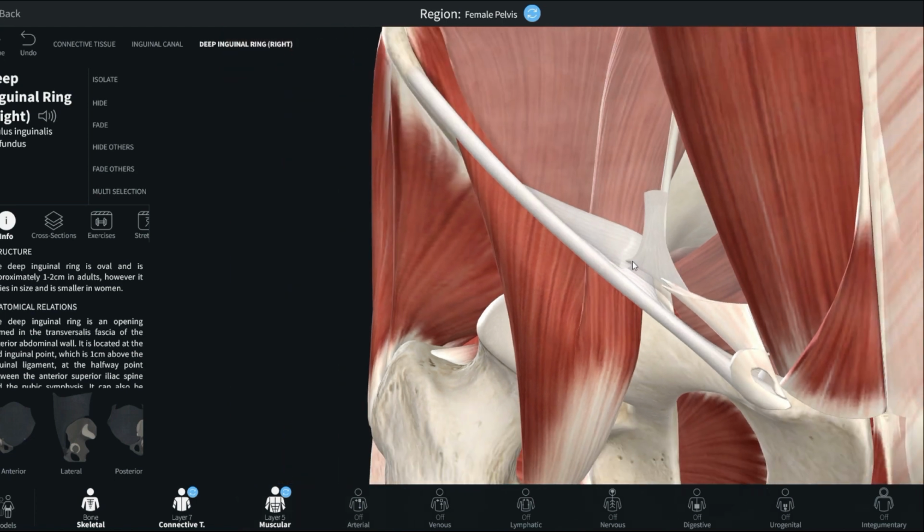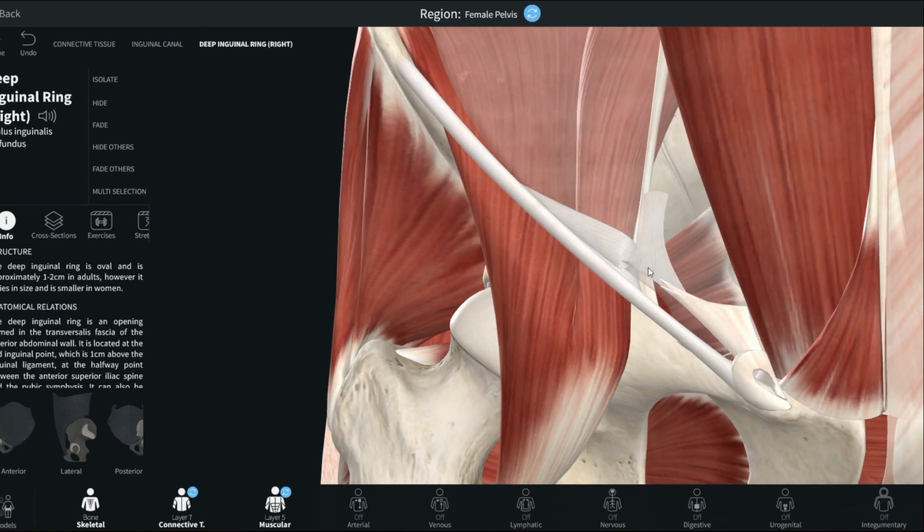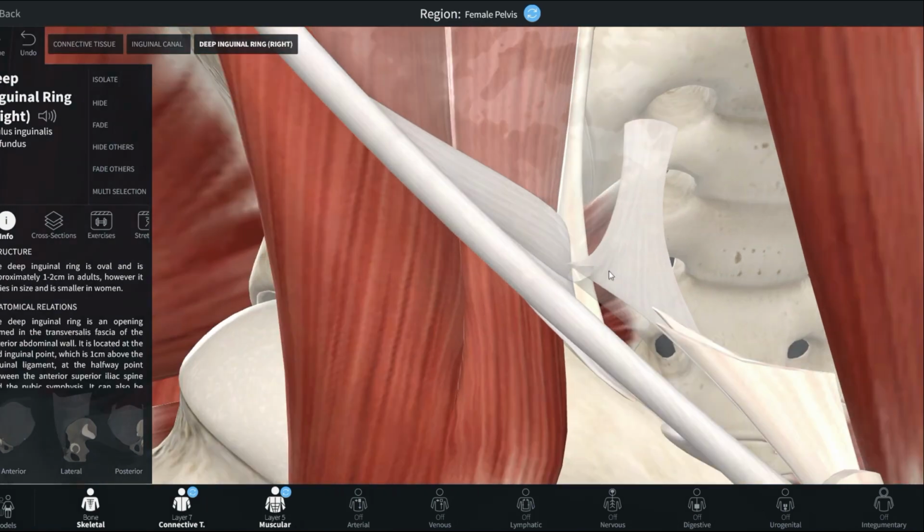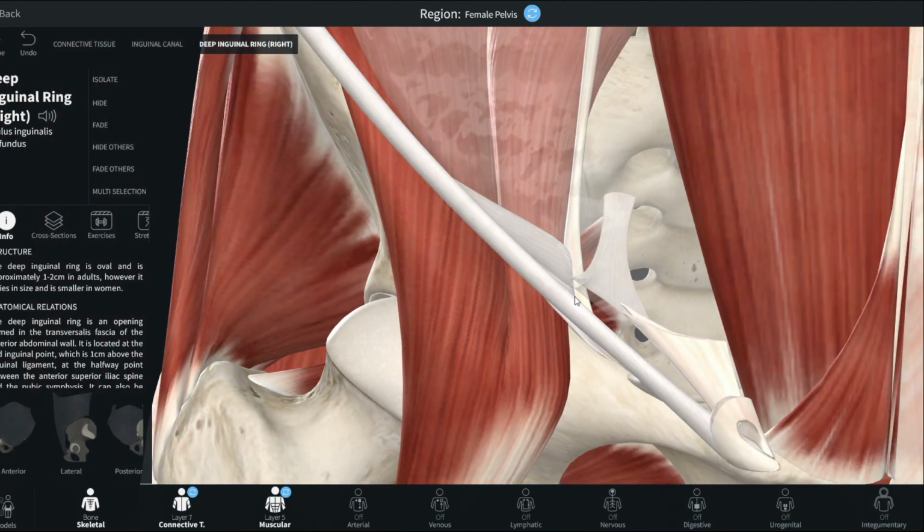Now, as far as the position of the deep inguinal ring is concerned, there is a very famous number, 1.2 centimeters. The deep inguinal ring is approximately 1.25 or 1.2 centimeters above the mid-inguinal point.